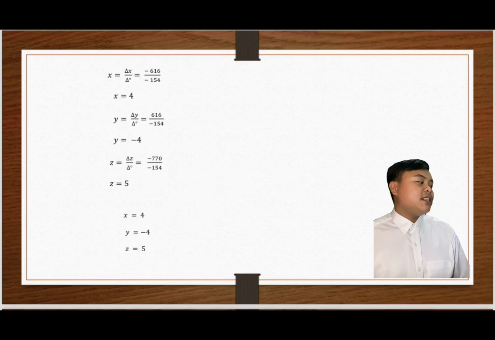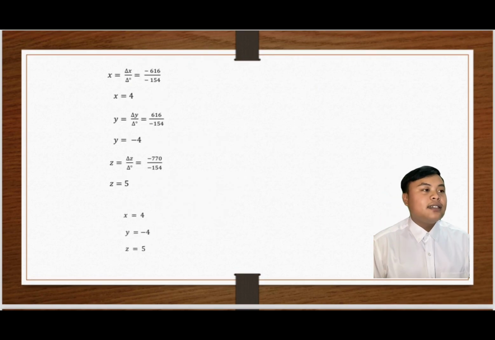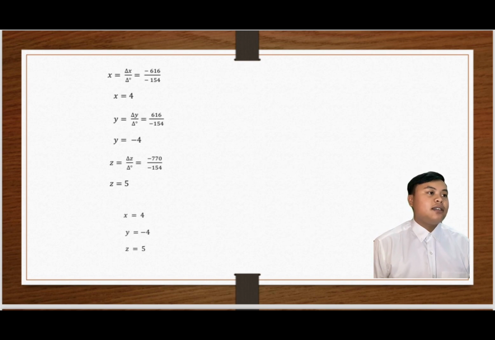And the last step is to find x, y, and z. First, x: delta x over delta equal negative 616 over negative 154 equal 4. Next is y: delta y over delta equal 616 over negative 154 equal negative 4.